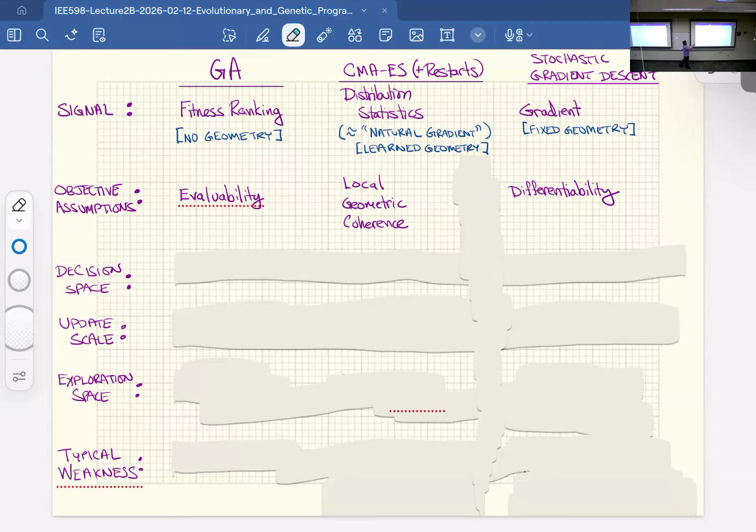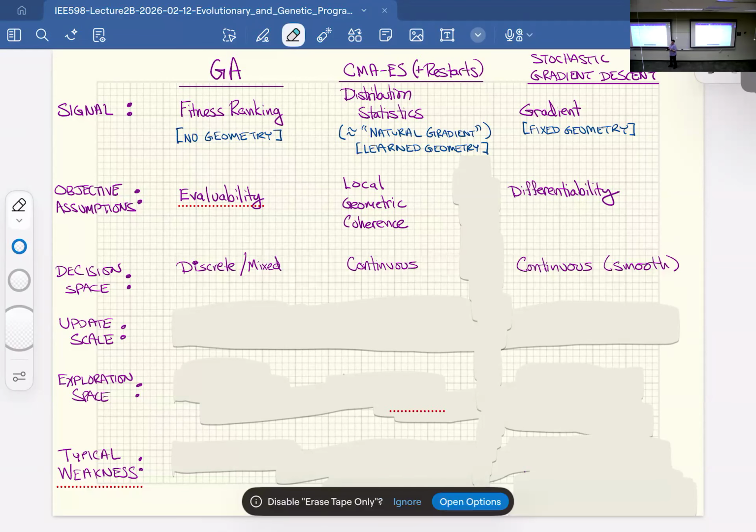And then you go even further with that. In stochastic gradient descent, you assume that a derivative is available. So you don't even have to sample. You just get the slope at any local position for free. So you gradually add more and more of these conditions as you go from left to right.